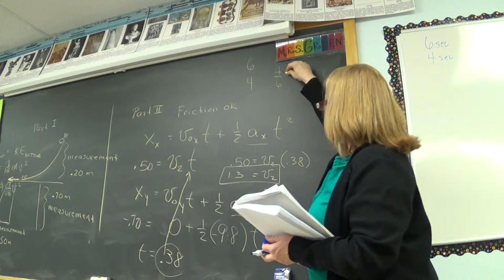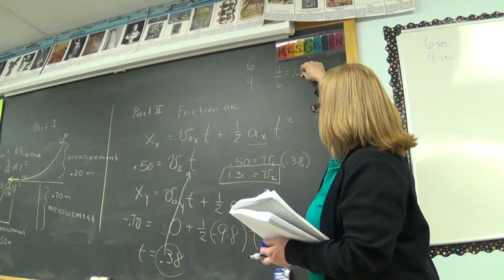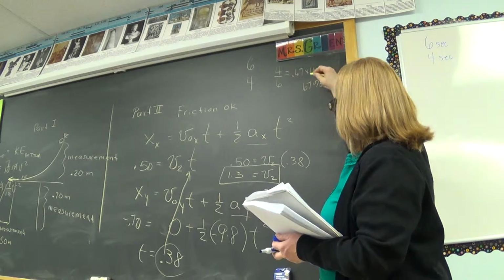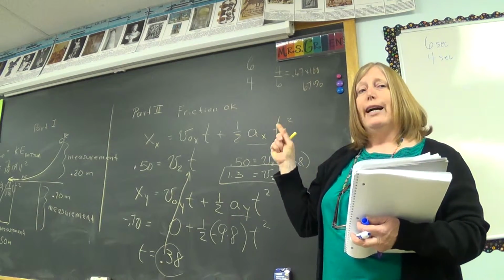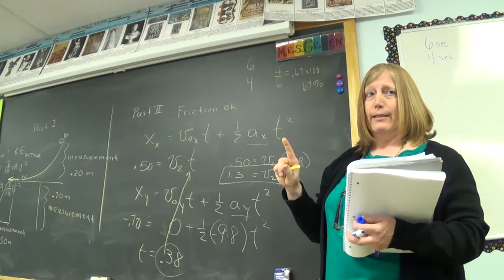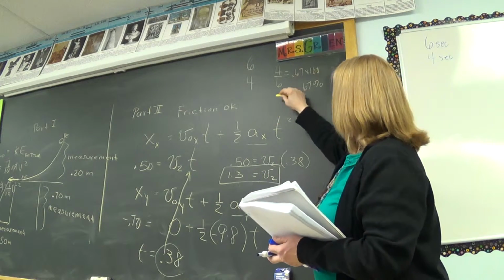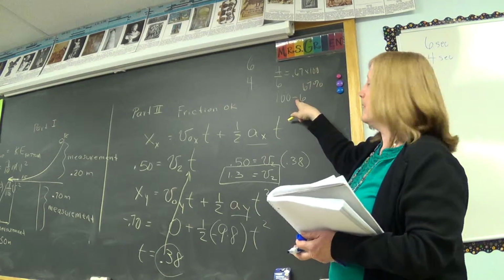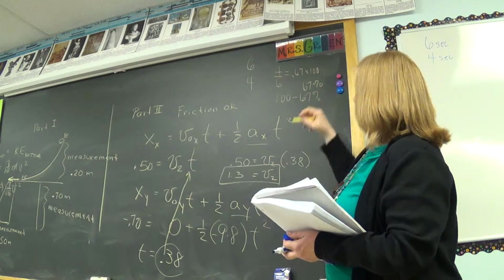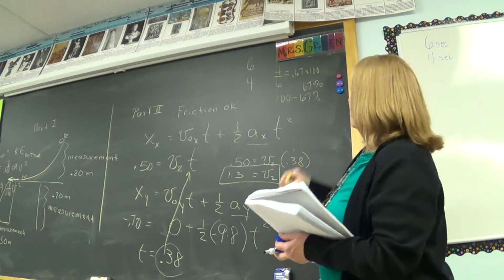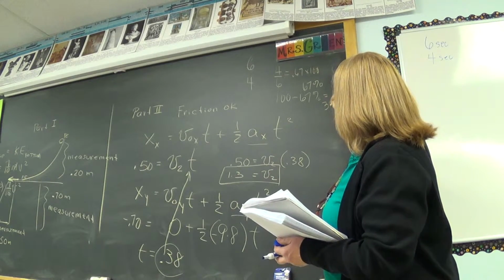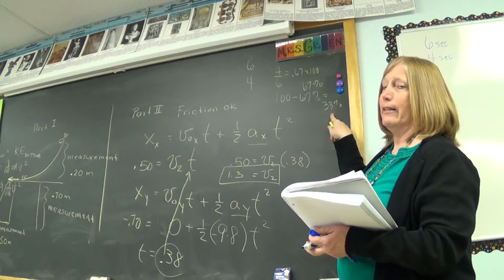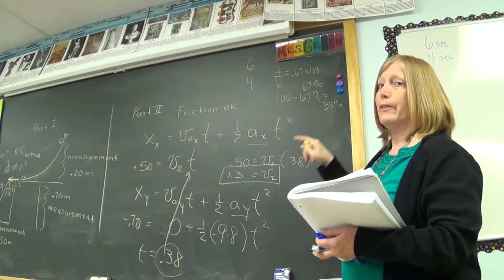Then to change it to a percentage, multiply by 100 and you'll have 67%. Now you have to subtract that from 100% to see the percentage difference. So what is that? 33. So this was a 33% change in data. I improved my score 33%.